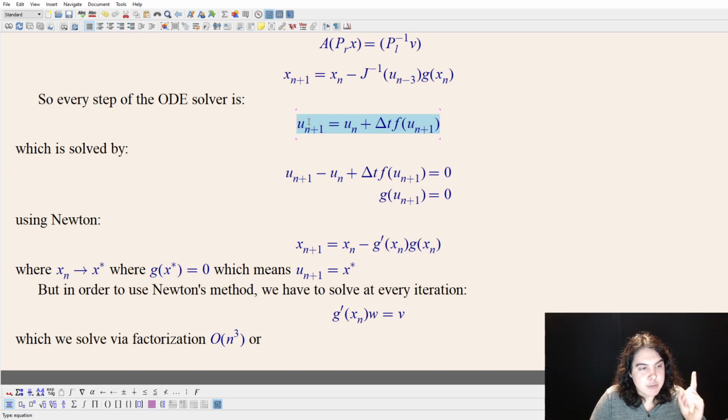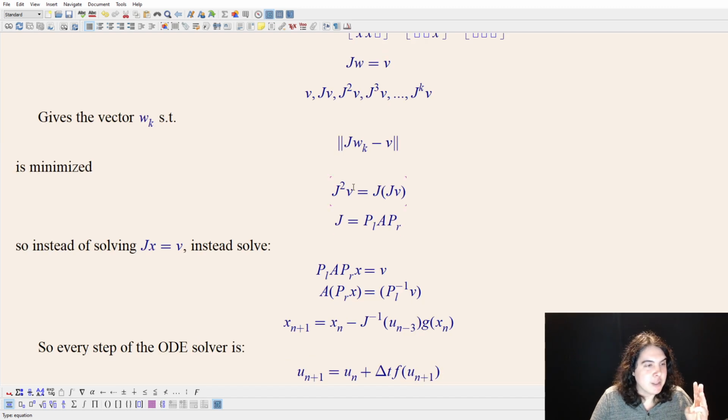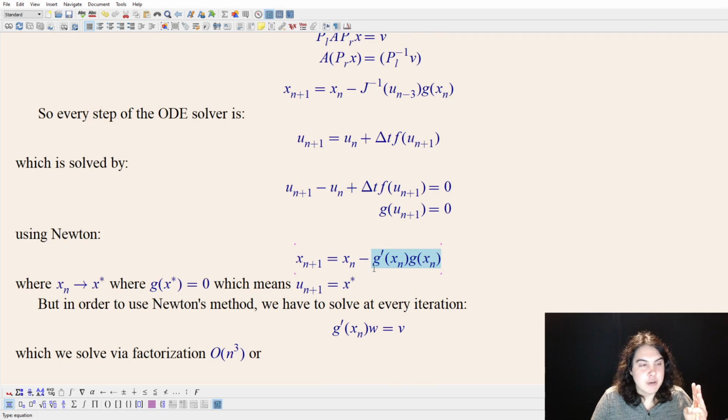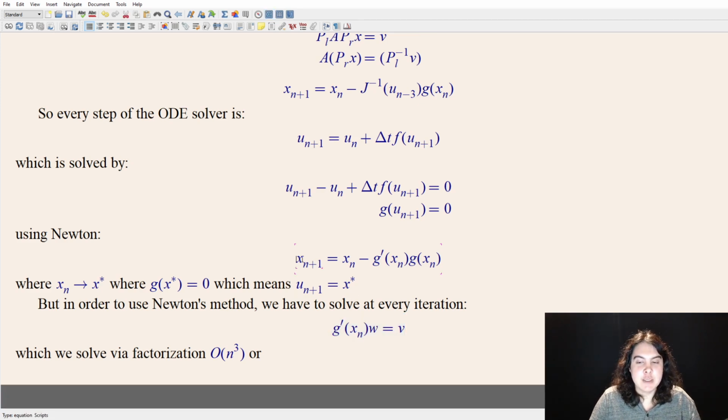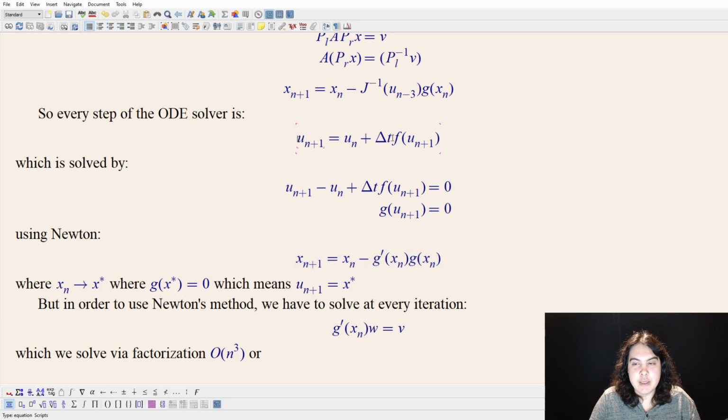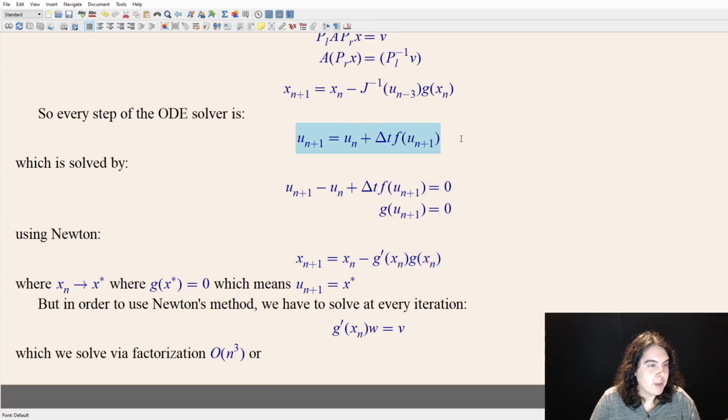So you want your delta t chosen such that you have stability in your Newton method, but it also turns out that your Krylov subspace is less ill conditioned if you use a smaller delta t. So choosing a smaller delta t can also decrease the time it takes to solve the linear system. So you're trying to choose the maximum delta t that lets you solve the system fast, lets the system be stable, and lets this thing have low enough error.